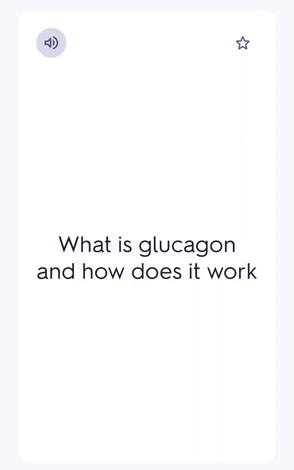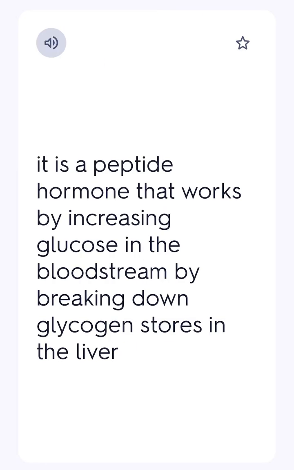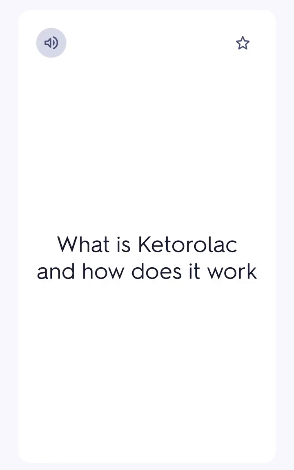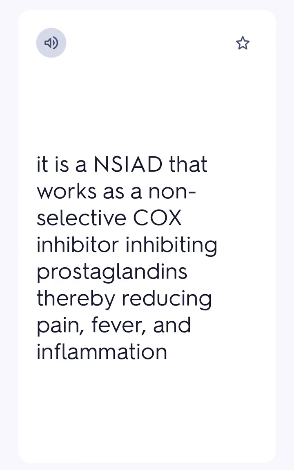What is glucagon, and how does it work? It is a peptide hormone that works by increasing glucose in the bloodstream by breaking down glycogen stores in the liver. What is ketorolac and how does it work? It is an NSAID that works as a non-selective COX inhibitor, inhibiting prostaglandins, thereby reducing pain, fever, and inflammation.